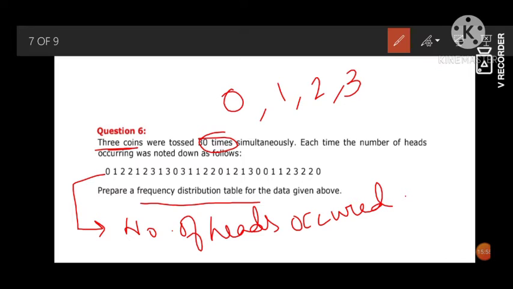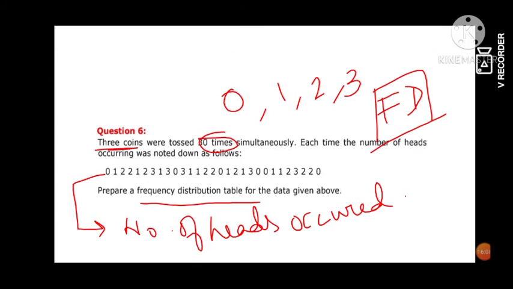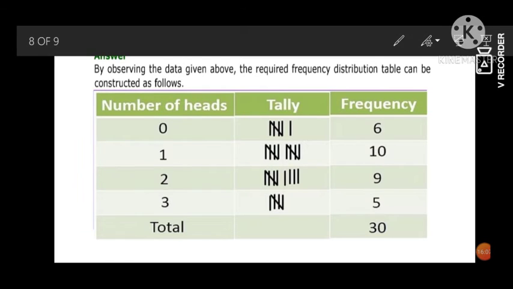So not more than 3. And this will form an ungrouped frequency distribution table. So this is our number of heads, the first column. Then we have tally, and then we have frequency.